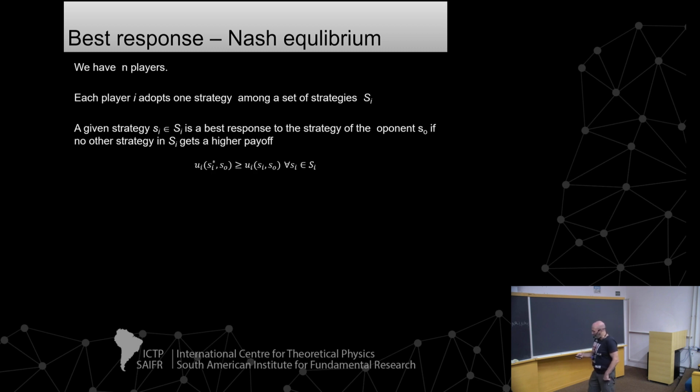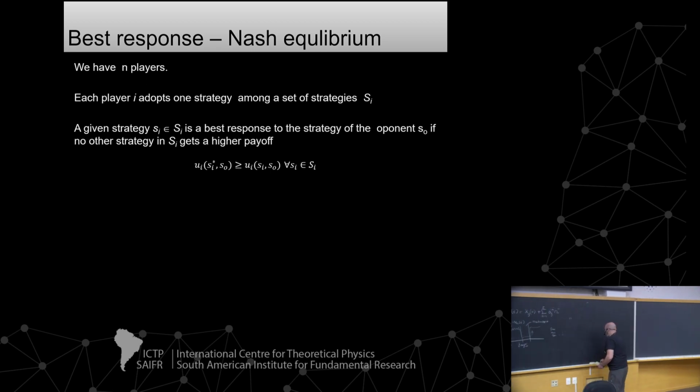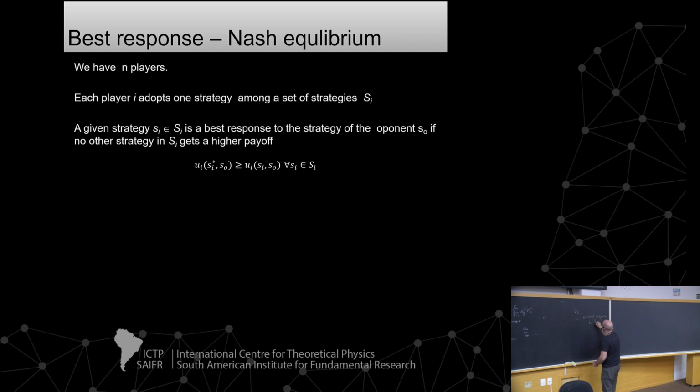That means the following: the payoff of the strategy si against so is the highest possible. Maybe I will write it here to make it more clear. Suppose that I have strategy si, and I say that si is the best response to so.